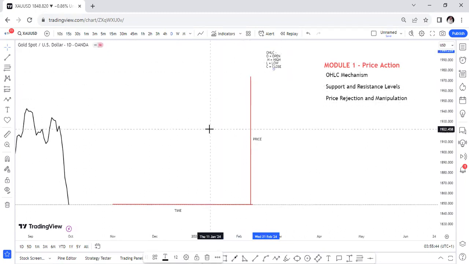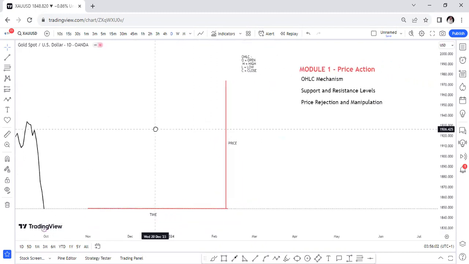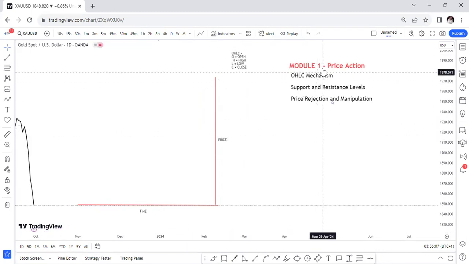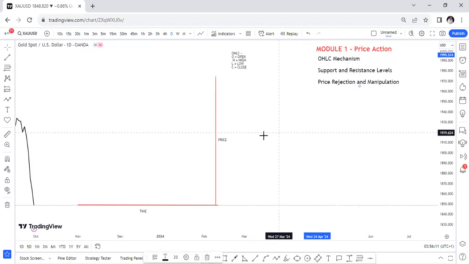Now, how does price move? You must understand the mechanism, the dynamics of price action along this chart, along the demand and supply paths.